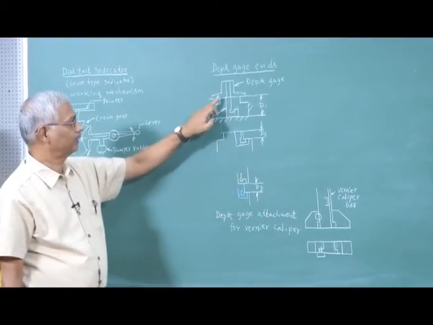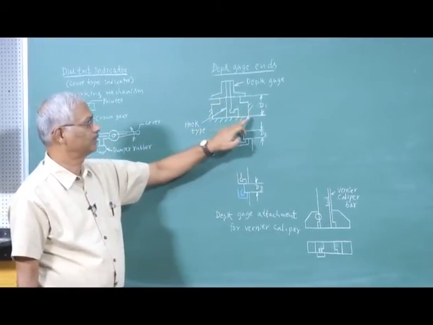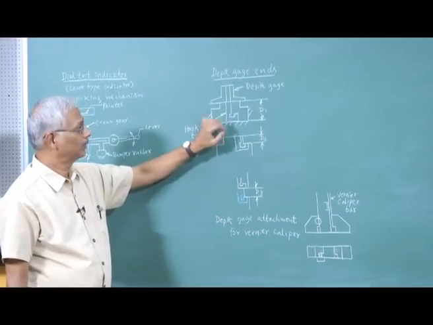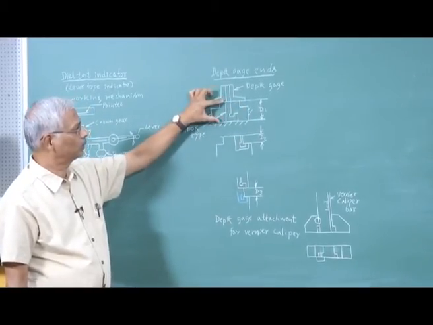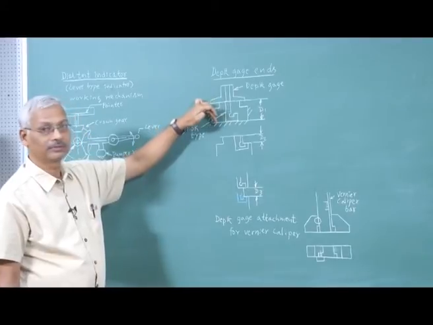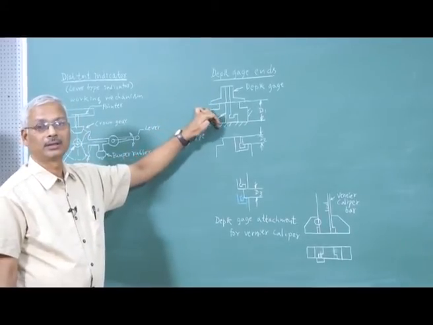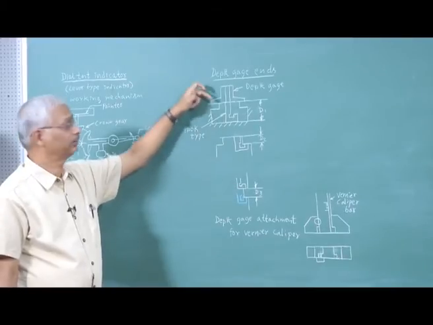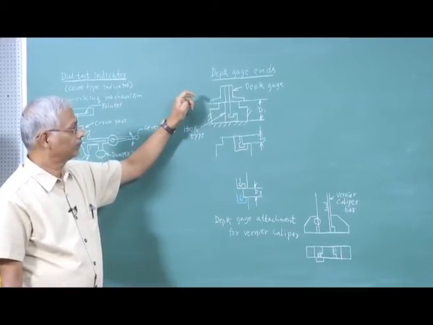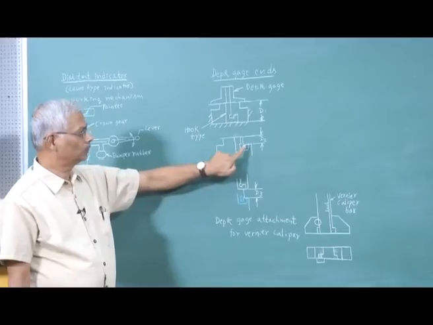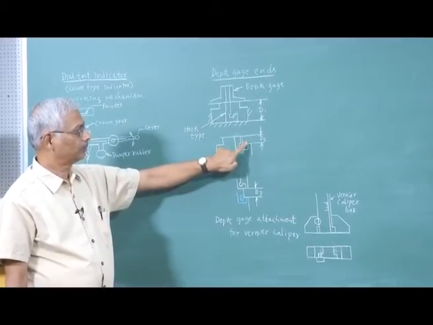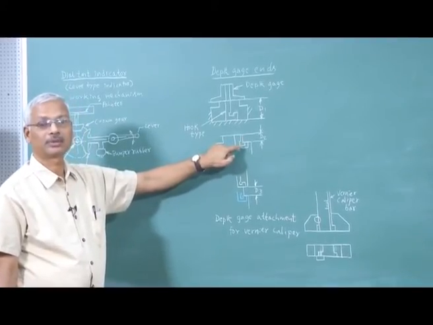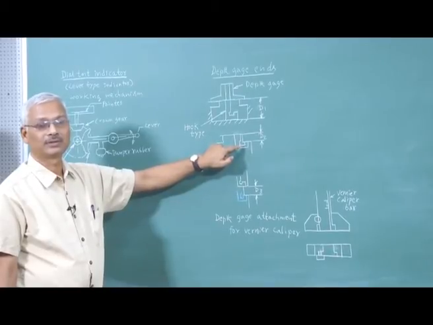Now, say we have a hole of this shape in the workpiece. Now, I want to measure the total depth. That is possible even with an ordinary dial depth gauge or vernier caliper, we can measure this. Now, I want to know this thickness. This is not possible with our ordinary depth gauges.